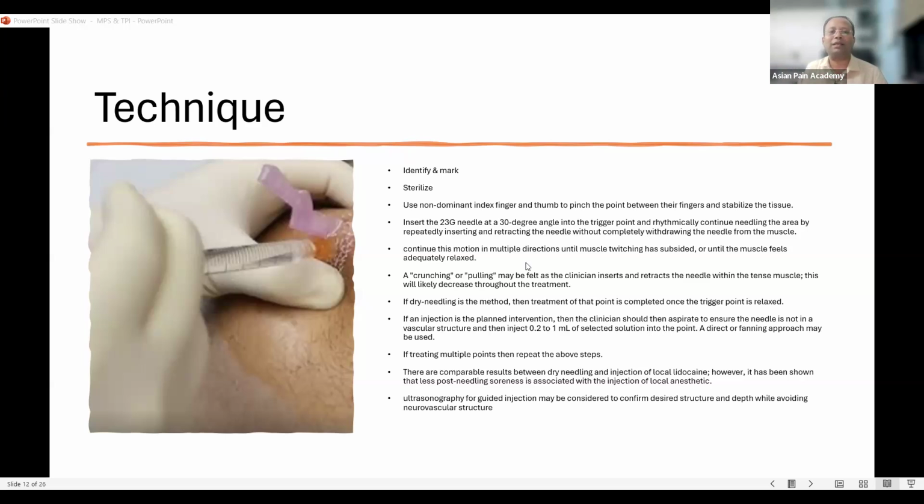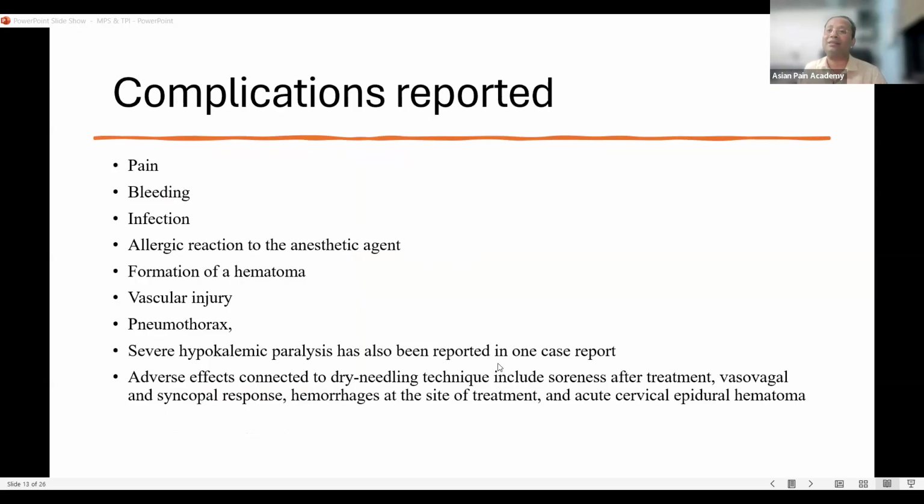The only thing is that in trigger point injection, we inject local anesthetic also. If you do not inject local anesthetic and only hit with the needle, we call that dry needling. Okay, so 2 techniques are usually done as treatment. Complications reported: nothing as such, only allergic reaction to the anesthetic agent can happen, but usually trigger point injection is very safe.